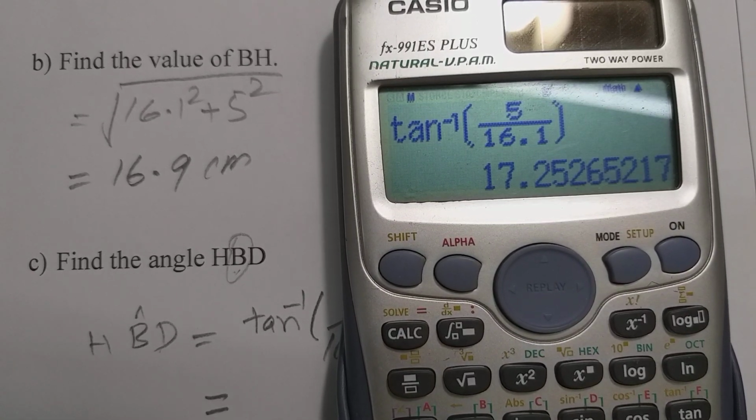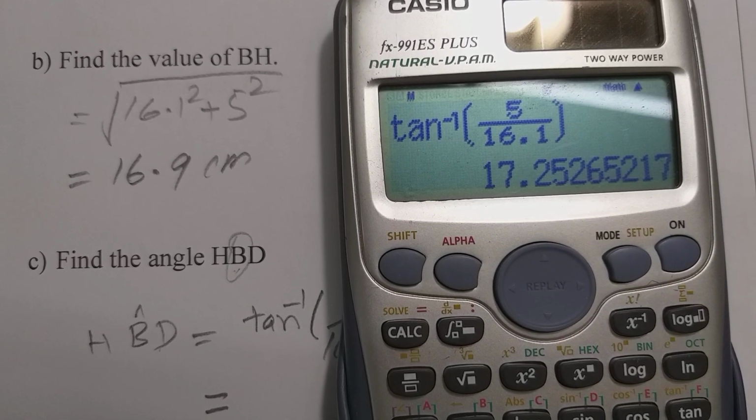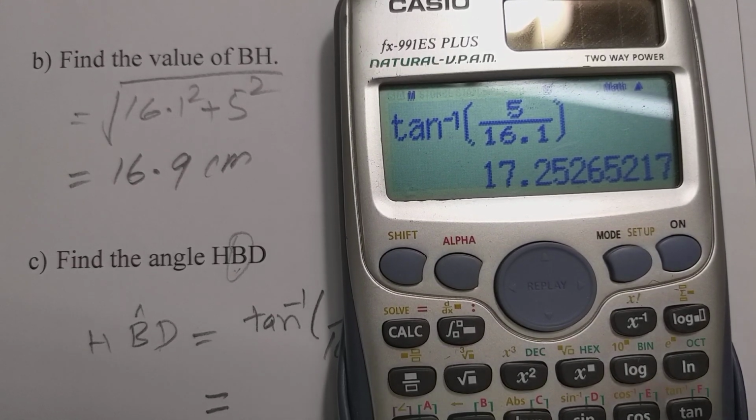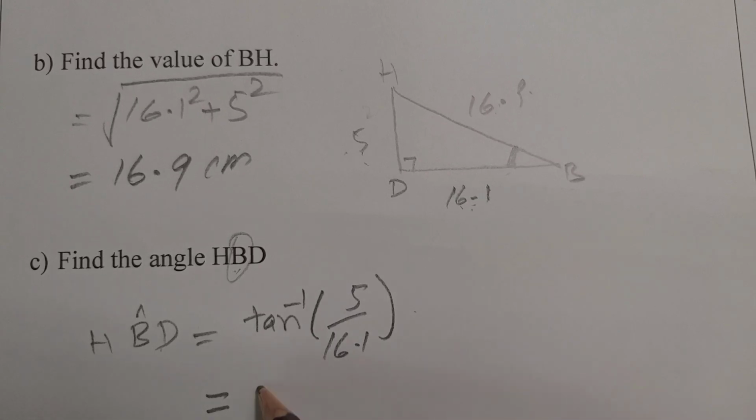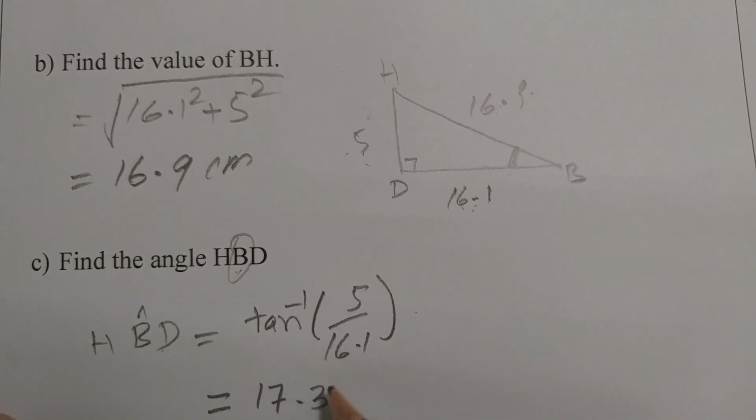So we have the answer 17.25, and you can round it, it becomes 17.3 degrees.